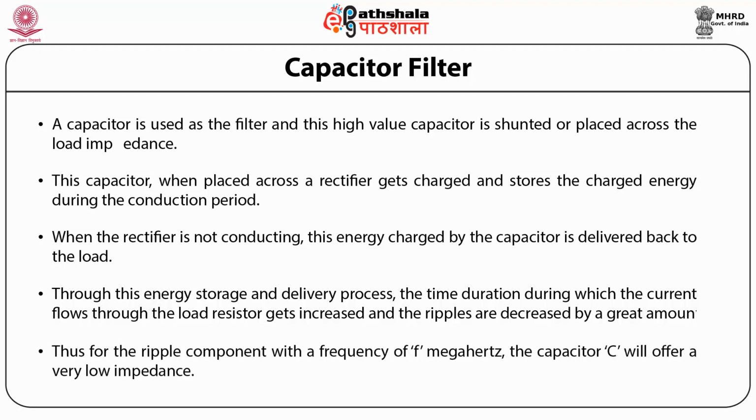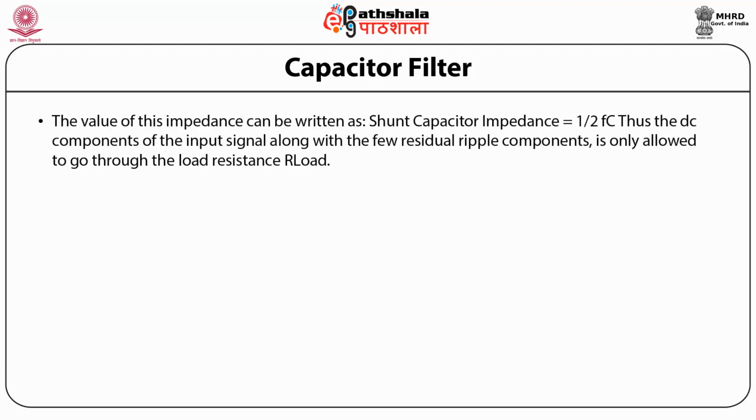So, for the ripple component with a frequency of f hertz, the capacitor C will offer a very low impedance. The value of this impedance can be written as 1 by 2πfC.